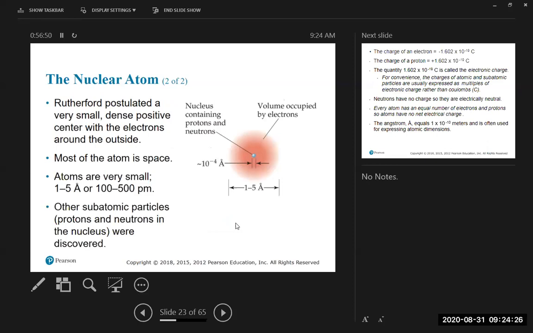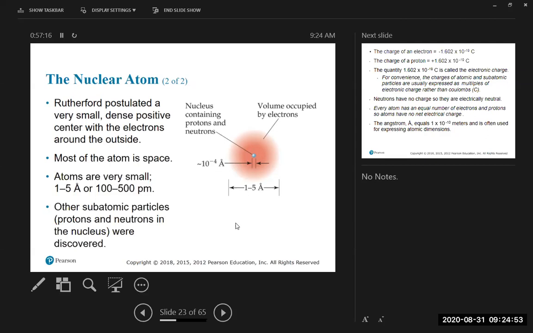What he decided was that there had to be a really small, dense population in the nucleus that was causing this scatter. He also theorized that most of the atom is just space, it's not matter.